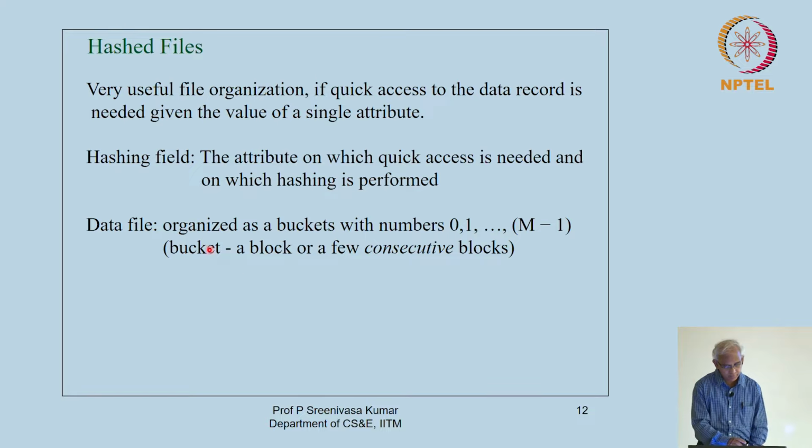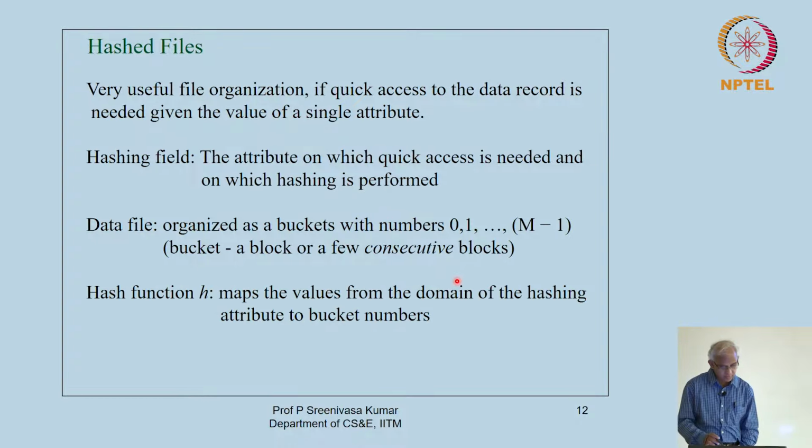Okay, so in this context we use a term called bucket. A bucket is either a block or a few consecutive blocks. 2-3 consecutive blocks is called a bucket. So the data file is organized in the form of buckets. So bucket numbers 0 through m-1 are used. Okay, and then we use a hash function.